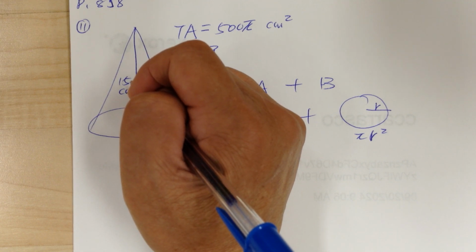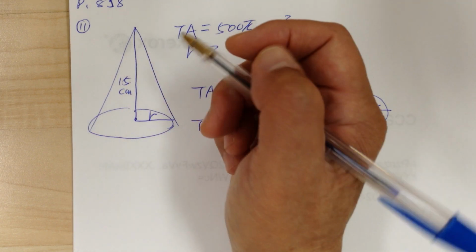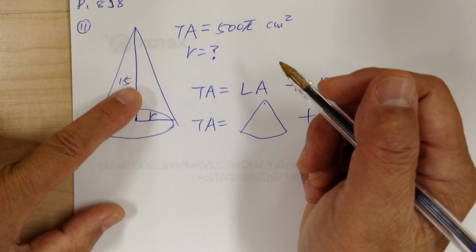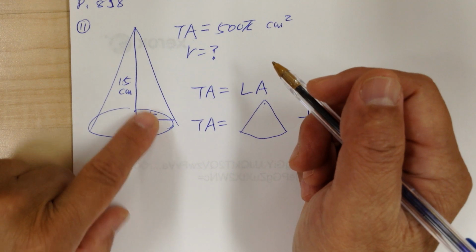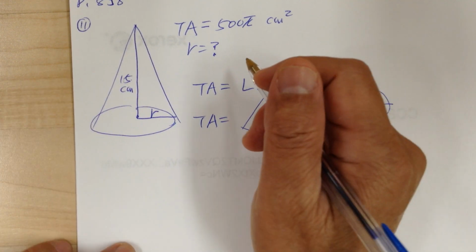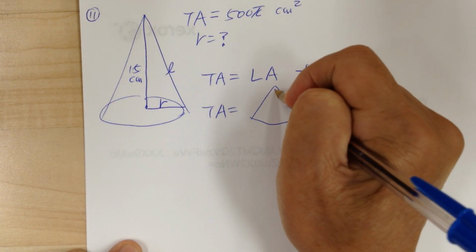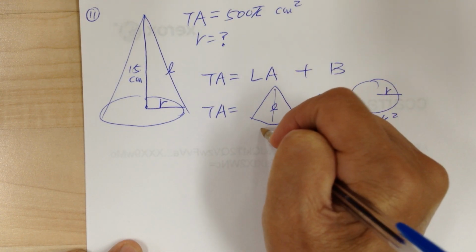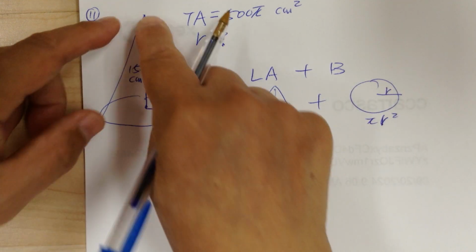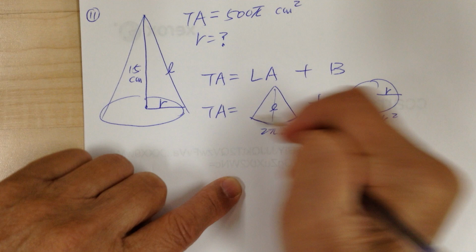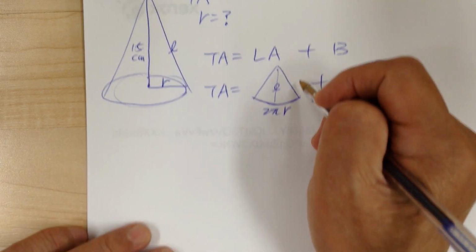Now for the lateral area, you have to use the Pythagorean theorem. So this is the L, and this would be 2 pi r. Again, when you cut and open it, that's going to be 2 pi r. This right over here is the circle.